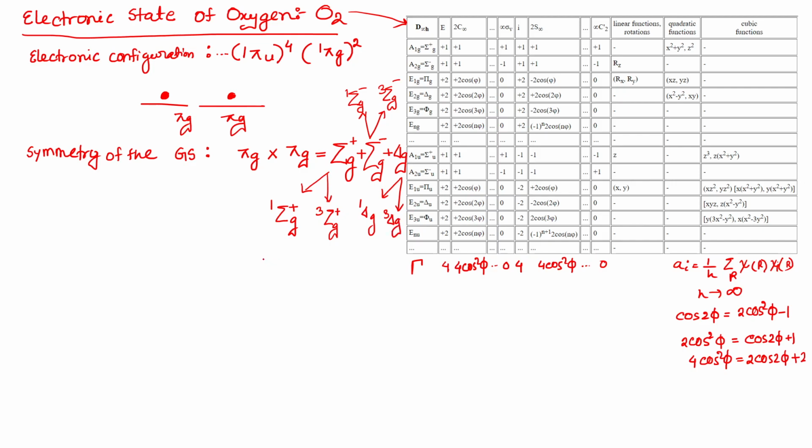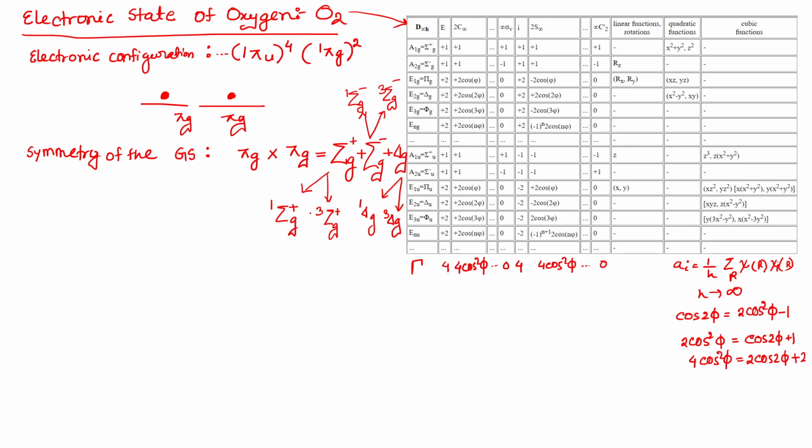So the total number of states: singlet means one state, triplet means there are three possible spin states, right? So each of these constitutes 4, and 4 is 8, and for delta you know it is 2 already, so they are going to constitute 8.